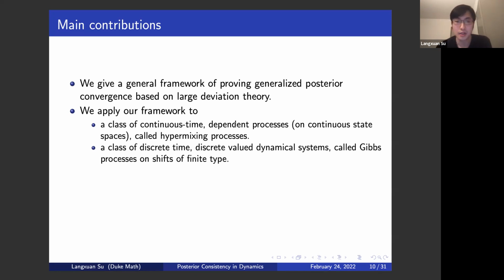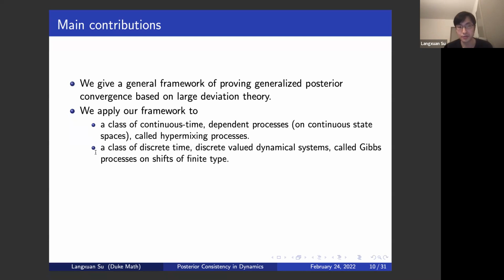If they assume the underlying process is dependent, they usually make additional assumptions that the state space is discrete, so it only consists of alphabets. In this case, we generalize all the things I mentioned above. We are considering a class of continuous-time dependent processes on continuous state space, which is outside of the current literature on posterior consistency.